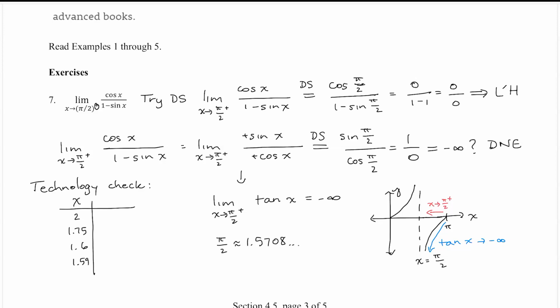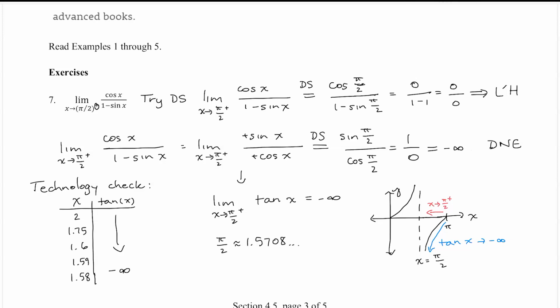It's an unending decimal, but for example, you could let x be 2, and then 1.75, and then 1.6, and then 1.59, and then 1.58. So you're letting x get closer and closer to pi over 2, or 1.57, from the right-hand side, and look at the values of tan x, and in fact, they do get more and more negative, or we say they decrease without bound.